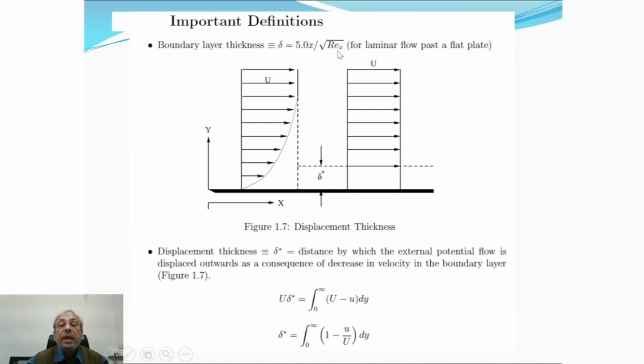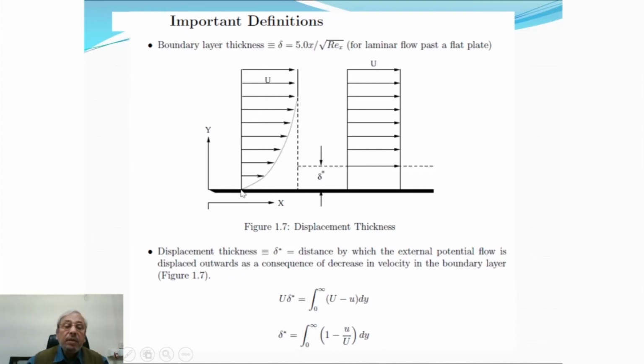So root over Rex. Now displacement thickness is basically the distance by which the external potential flow is displaced outwards as a consequence of decrease in velocity in the boundary layer. You can see that within the boundary layer, velocity increases slowly from 0 to the full scale velocity, or the free stream velocity, which is attained at the edge of the boundary layer.